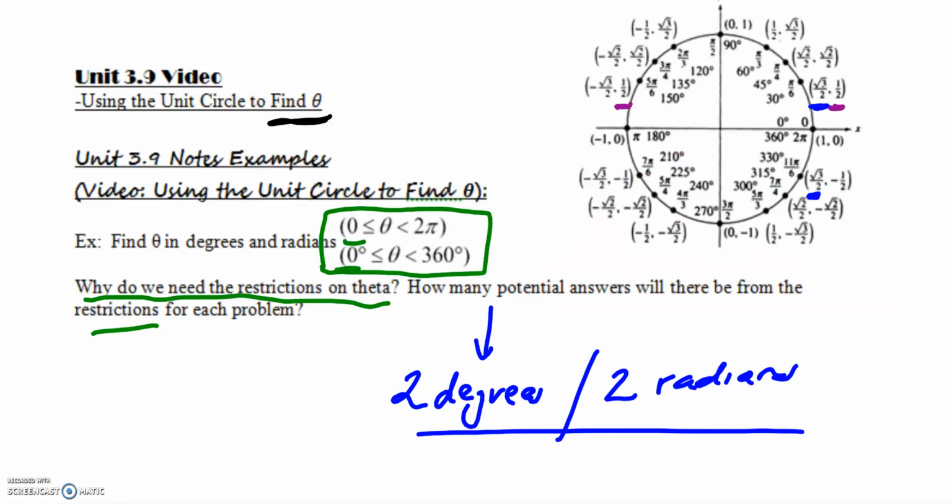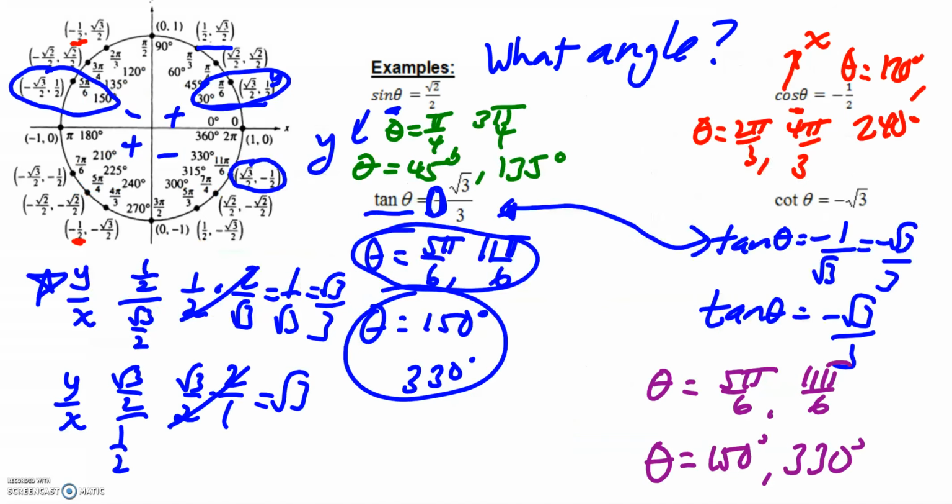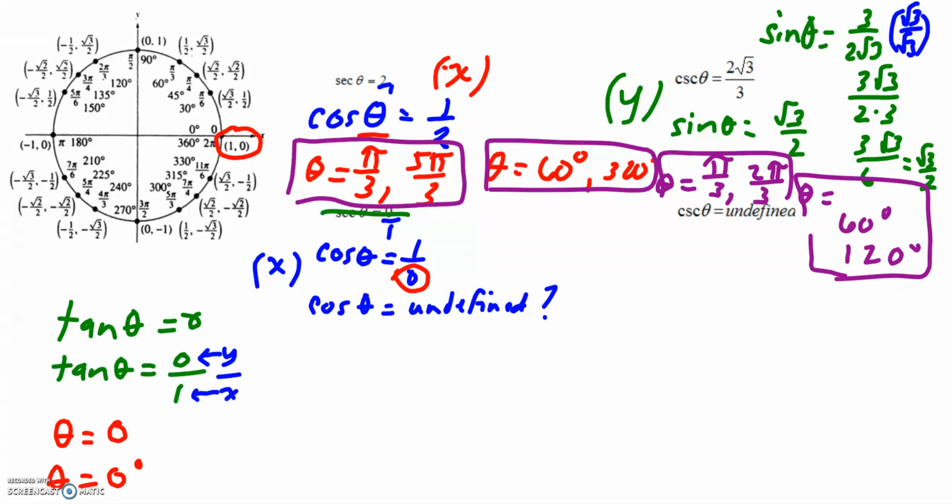You might remember from the first slide that 360 was not included and 2 pi was not included because these are both the same as 0. So in this example, my final answers are either 0 without a degree symbol or 0 with a degree symbol.